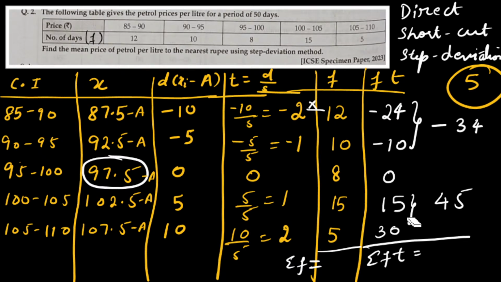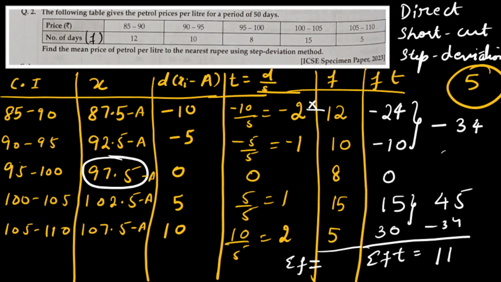How come 9? This is 45 and this is negative 34. So 45 minus 34 if we do, how much we'll get? 45 minus 34, 5 minus 4 is 1, 4 minus 3 is also 1.